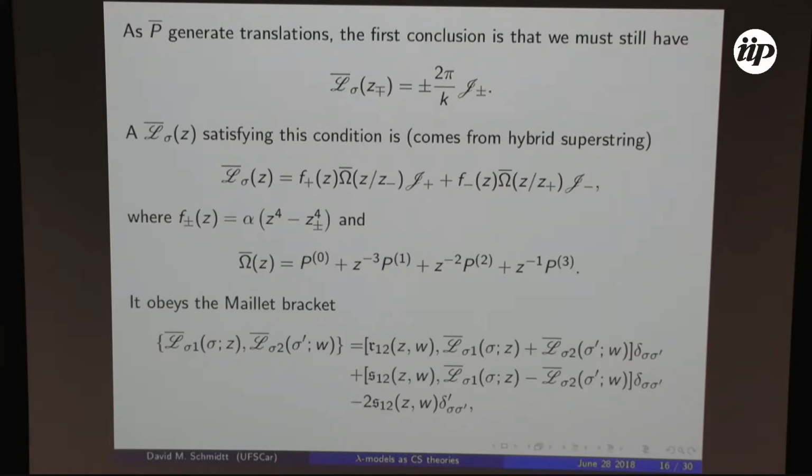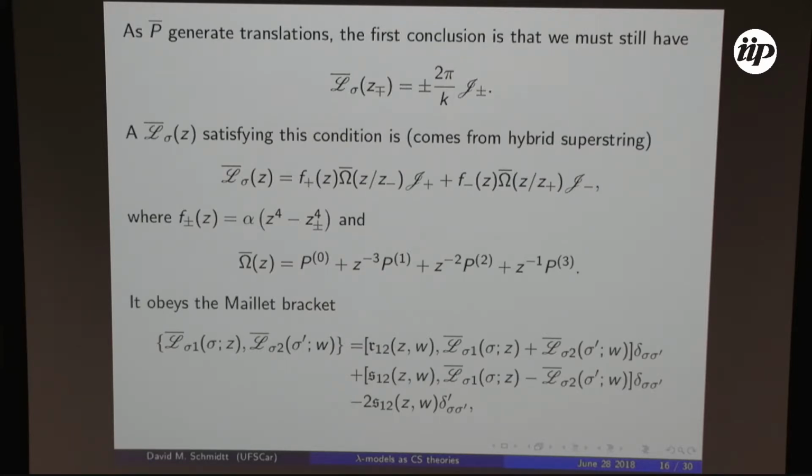There is a proposal, a solution for this L that obeys these 2 conditions. You can see this information comes from the hybrid superstring. I do not have to deal with constraints, just the zero constraints. I don't have kappa symmetry there, so I can find the answer easily. So it's written in this way.